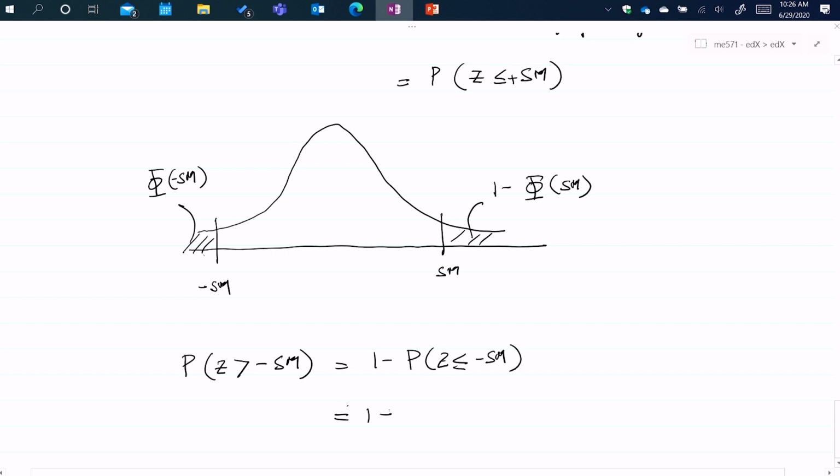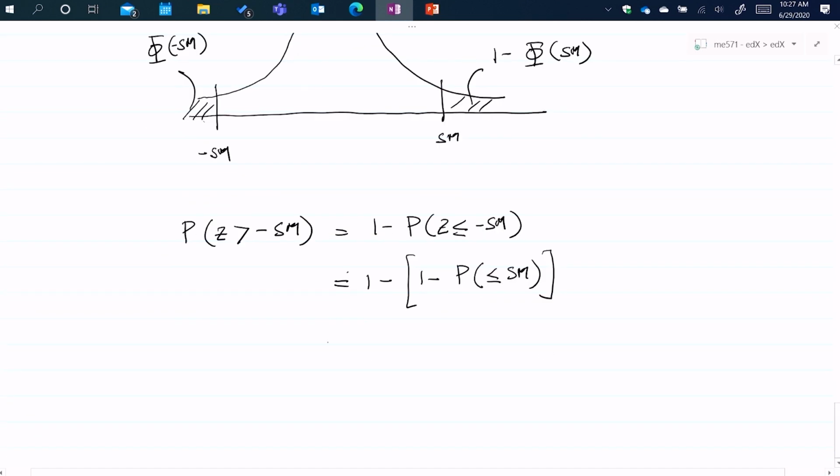That is equal to 1 minus 1 minus the probability that z is less than or equal to plus safety margin, which is equal to the probability that z is less than or equal to safety margin, which is our CDF corresponding to safety margin. So that's how reliability turns out to be the CDF corresponding to safety margin.